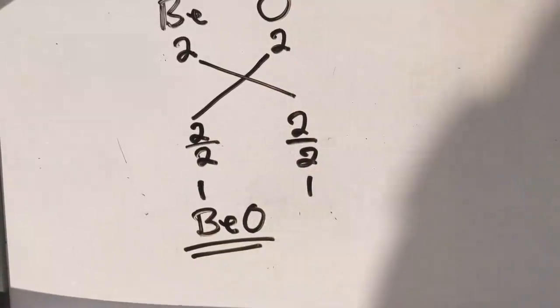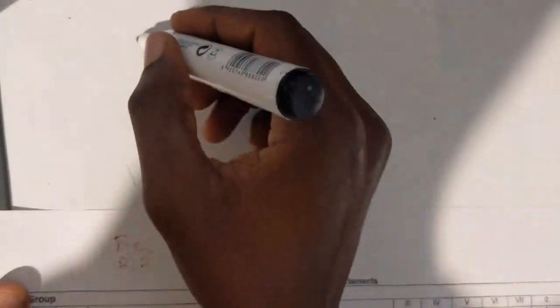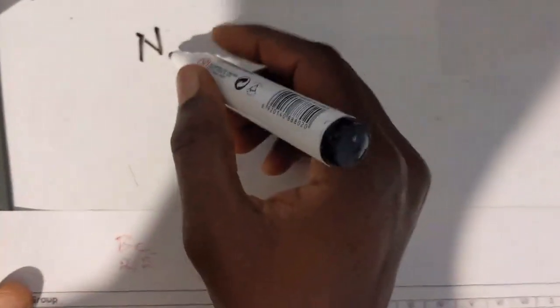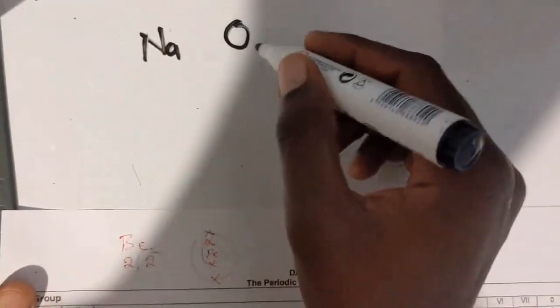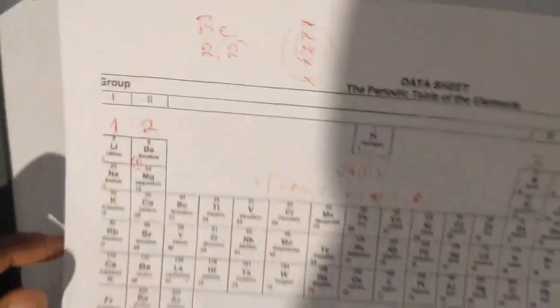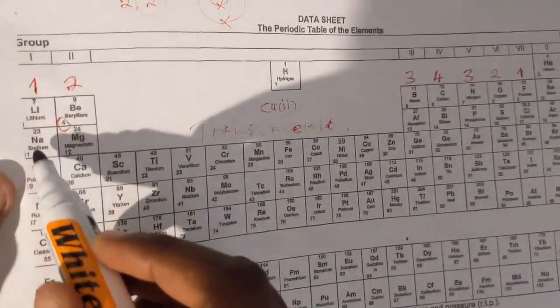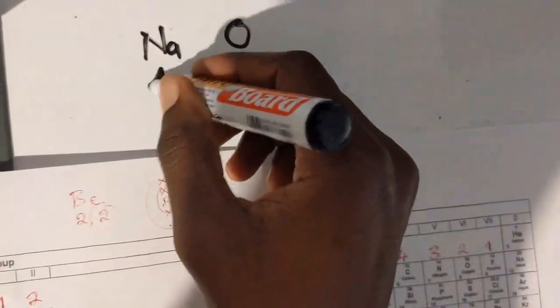Okay, now what about sodium oxide? When you hear sodium oxide, it is actually a combination of sodium and oxygen. When you're asked to make a chemical formula for that, this is our sodium, and sodium is actually in group 1. So it has a valence of 1.